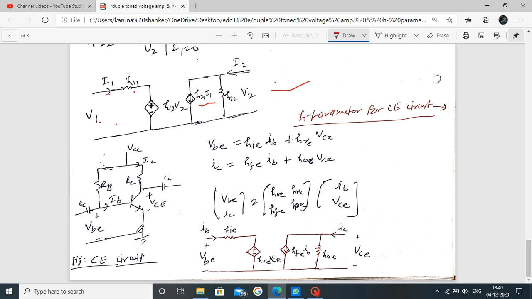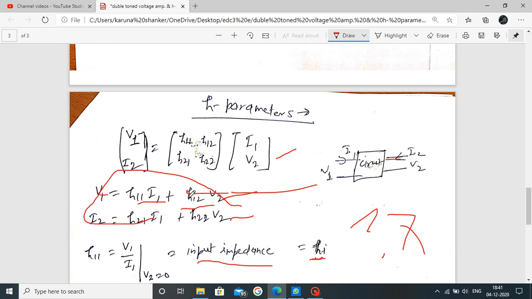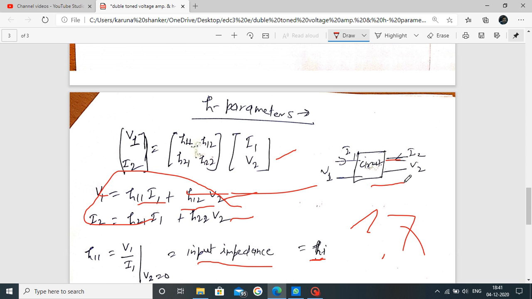Now to observe this, it is categorized in the two-port form. Two-port means one is the input port and the other is the output port; the H parameter is a two-port network. This is the input port, this is the output port.